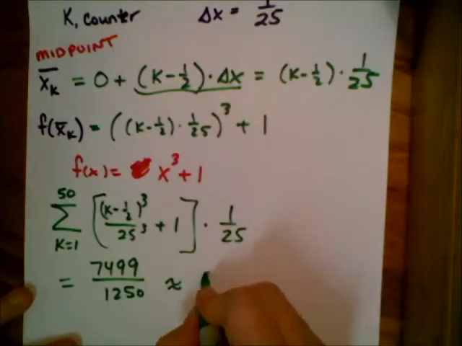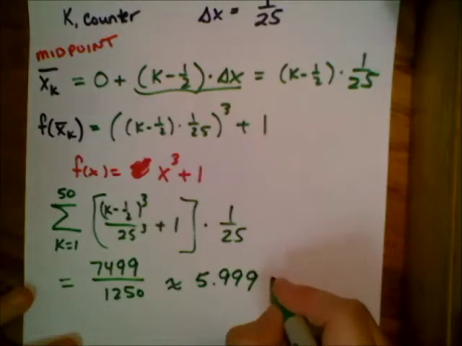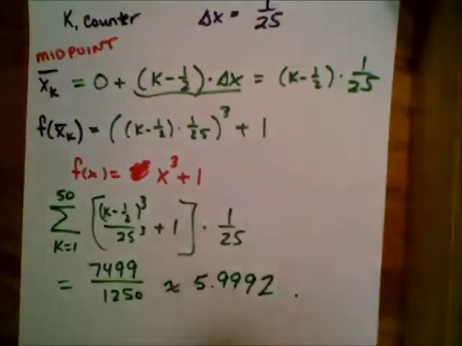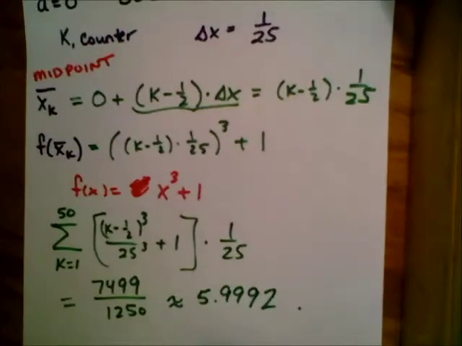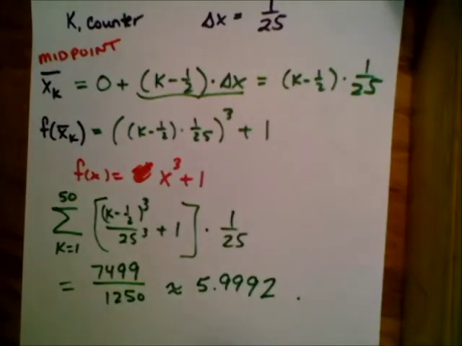It's very close to 6, but it's closer to 5.9992. So that was a calculation intense example. But that is our first example of a left, right, and midpoint Riemann sum for the same function on a given closed interval.